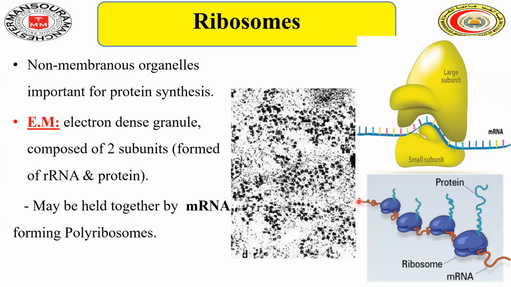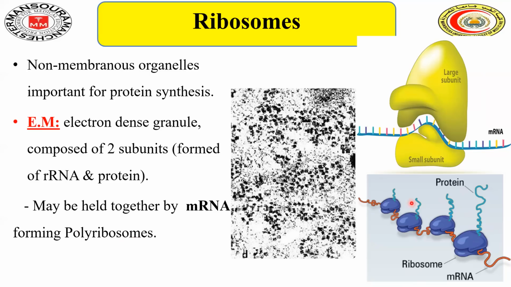Sometimes we see a very thin ribbon or very thin filament of messenger RNA connecting different ribosomes or multiple ribosomes. In this situation, we call this whole structure polyribosome. Poly means multiple.